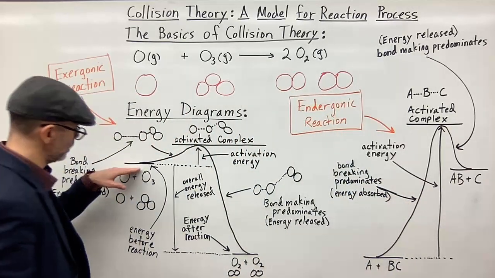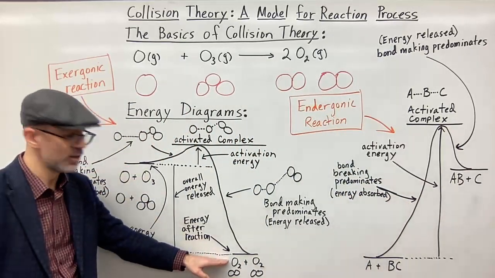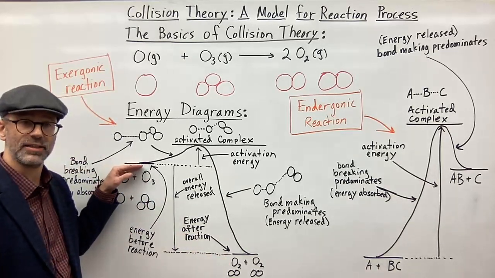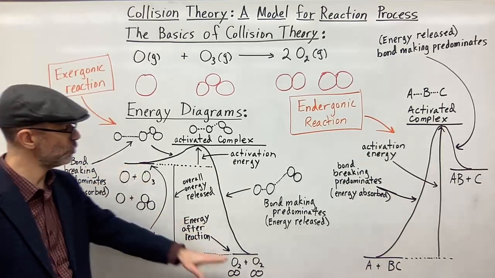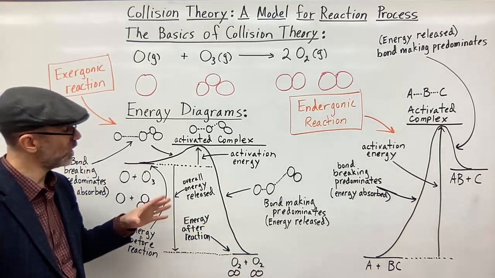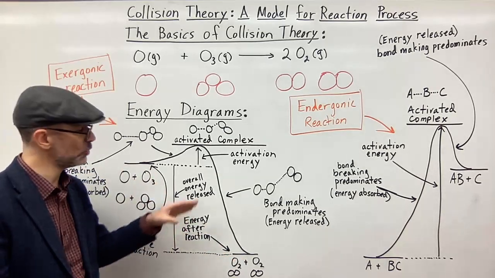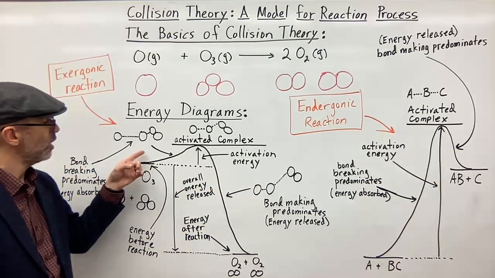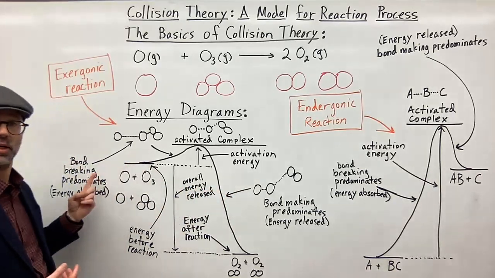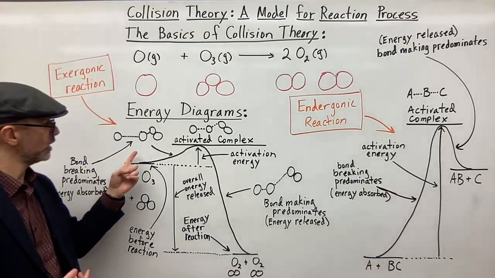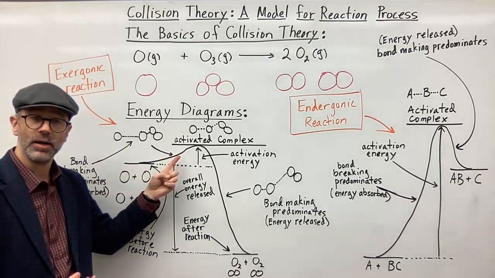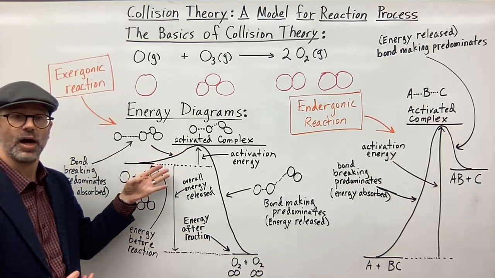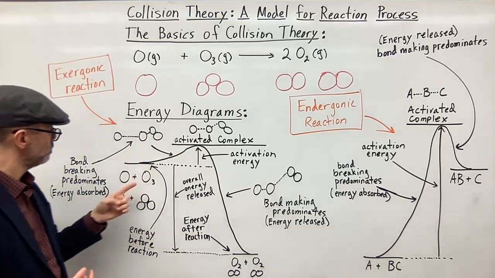So notice that the products here have a lower energy compared to the reactants. So energy was lost. Why? Because more energy was released during the making of the bond than energy absorbed during the breaking of the bond, excuse me.